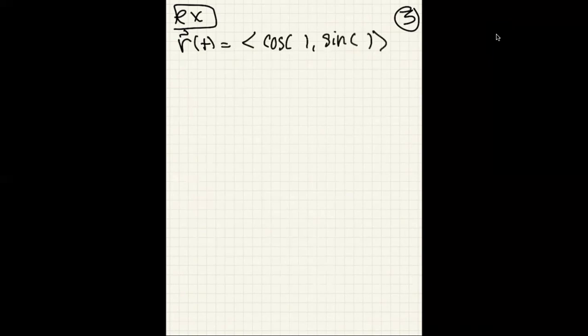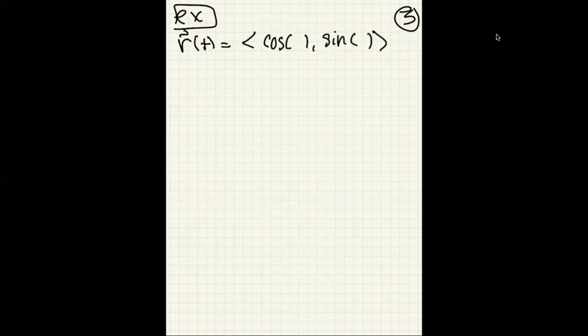Here's just an example, and after this we'll move on to parametrizing surfaces. So we will do r of t equals not cosine of t, sine of t, because we know that goes at unit speed.